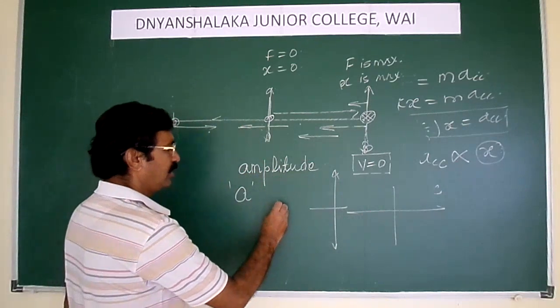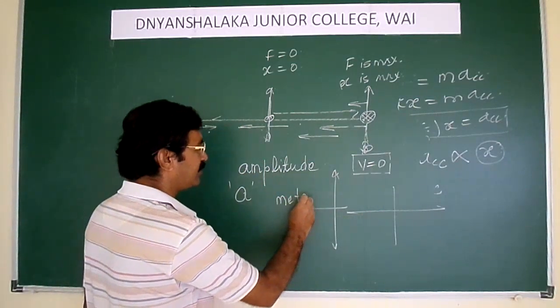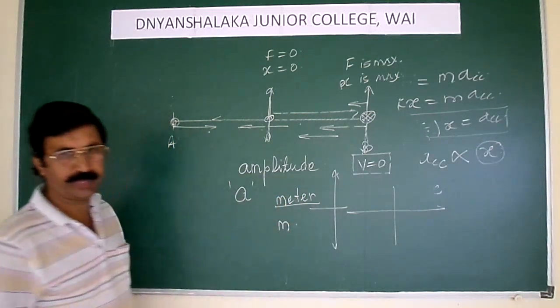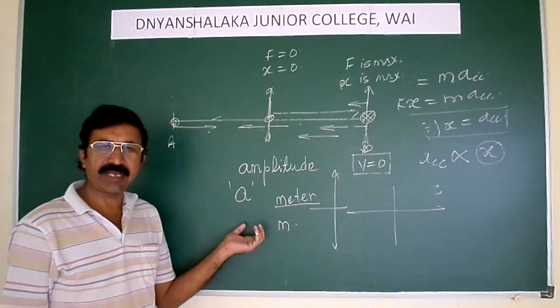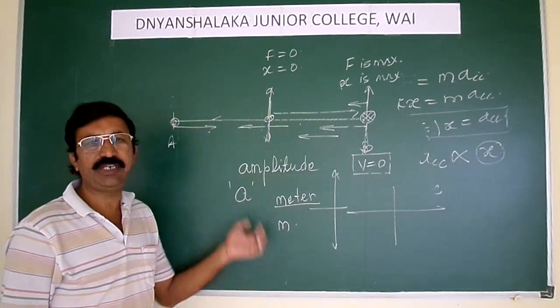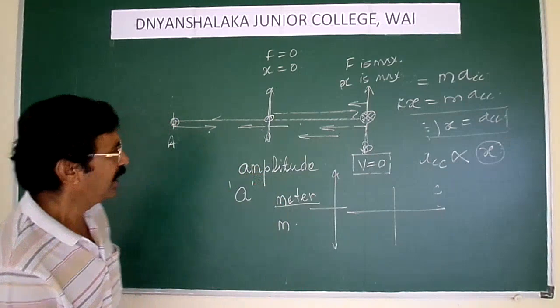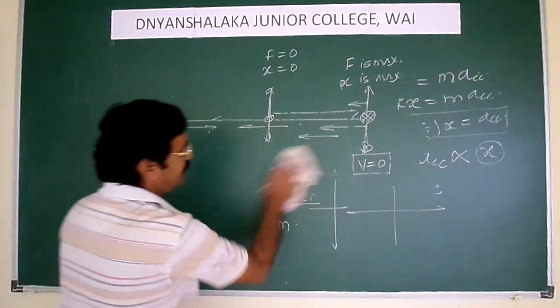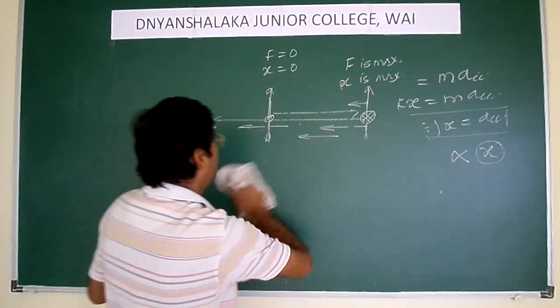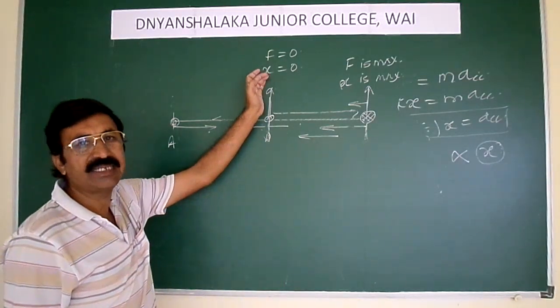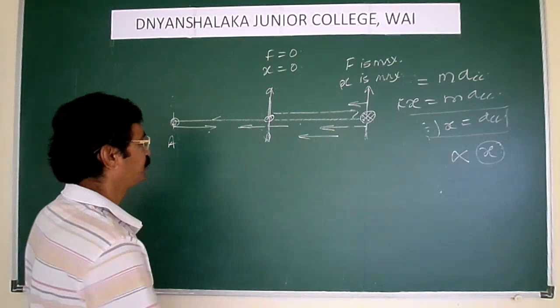It is measured in meter, the SI unit, symbol m. For smaller magnitudes, we can measure it in centimeter or millimeter, but its SI unit is meter. And so we define the maximum displacement in simple harmonic motion as its amplitude.